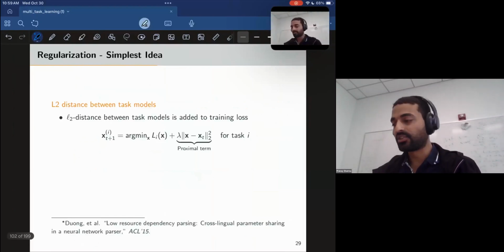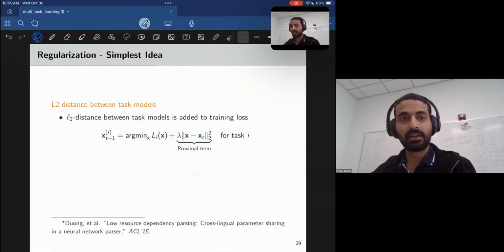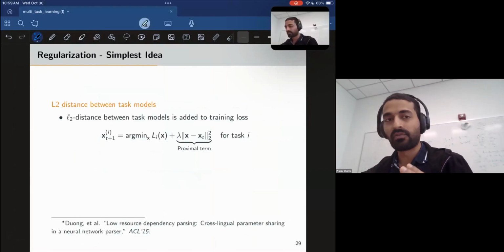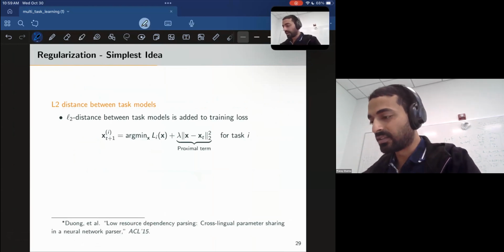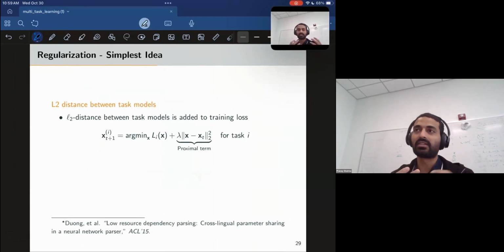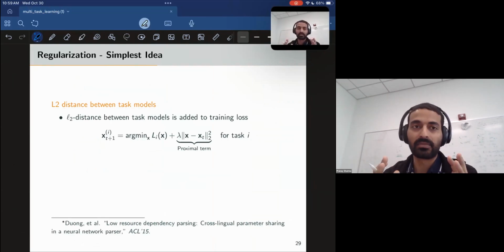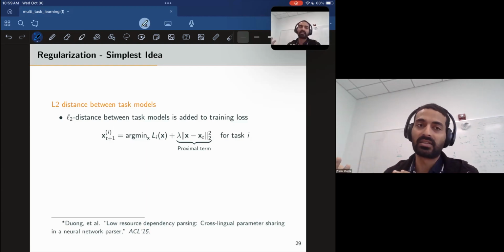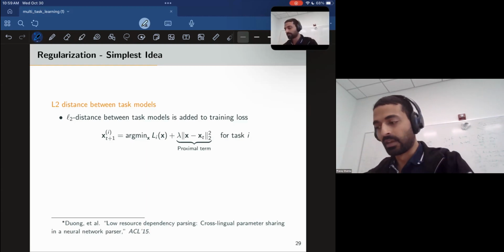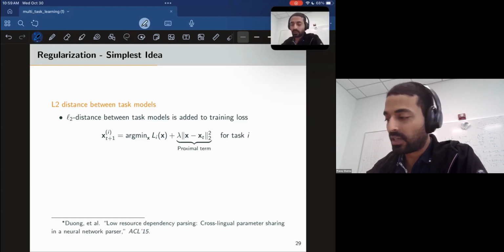Let's look at something slightly more involved. We'll build this up very slowly. And this is the regularization idea. As we discussed earlier, in regularization, we want to make sure that the models for different tasks are close to each other, right? We want to regularize the distance between different models. So what is the simplest distance? It's the Euclidean distance.